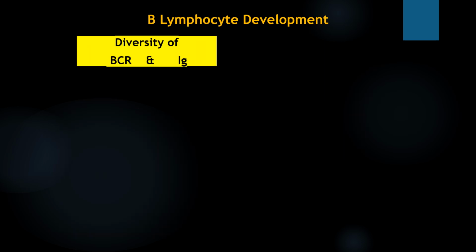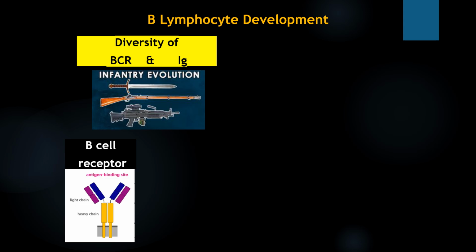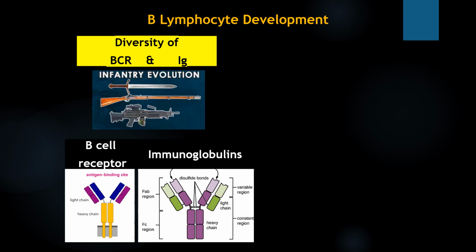So we finished this introduction. Hopefully it was useful if you needed it. Remember, we talked about this arms race between the immune system and the pathogens, and that for the B lymphocyte development, it's very important to understand that both the B cell receptors and the immunoglobulins are constantly updating to bind to the antigens.